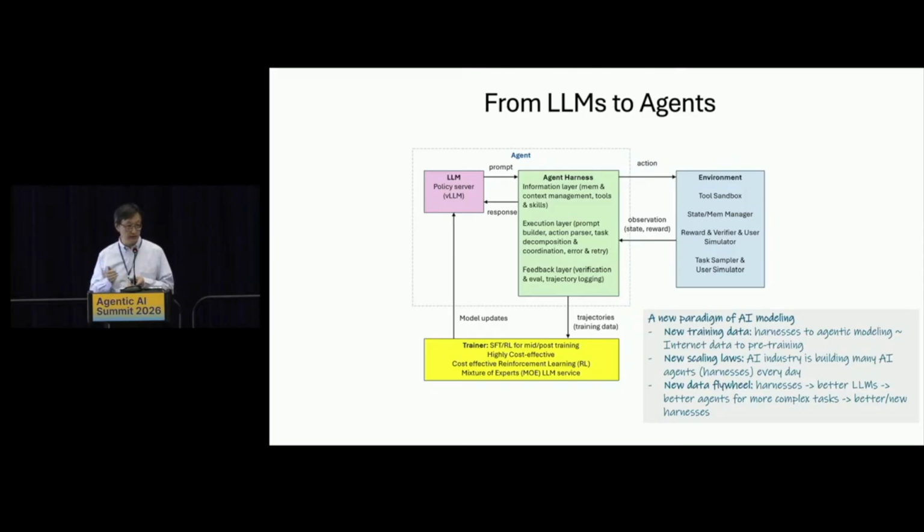As the AI industry and the community are building many AI agents and harnesses almost every day, we witness the emergence of a new data flywheel, where distilling agentic capabilities from harnesses leads to AI models that are more capable of doing things, and these models can help us build even better AI agents that can generate more sophisticated trajectory data by solving more sophisticated tasks.